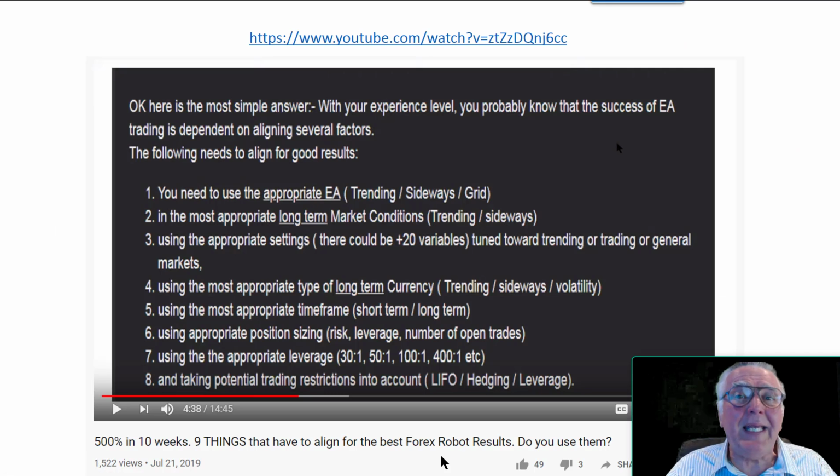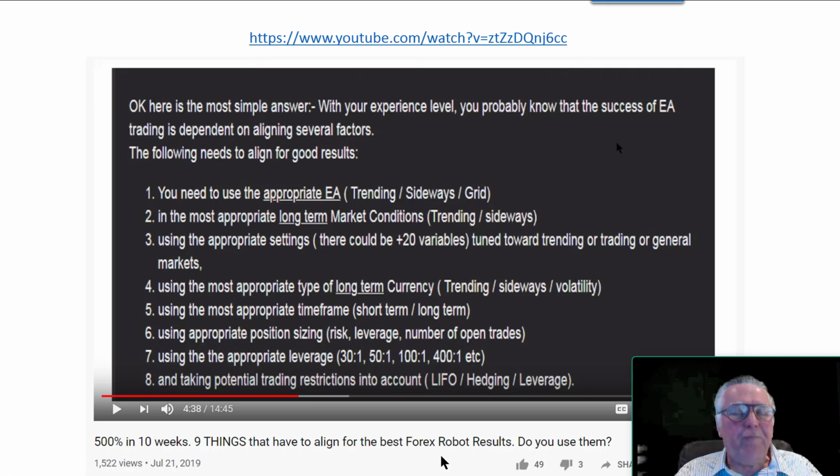Now, Forex trading is not as easy as a lot of people think. They think, oh, I can buy this robot, I can get some really fantastic settings from the supplier, plug them in, and I'll become a millionaire in a year's time. Not that easy.